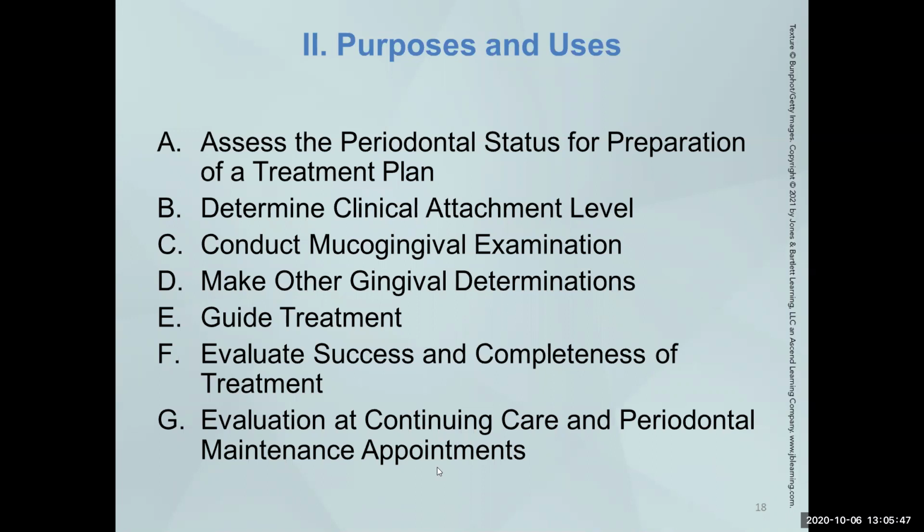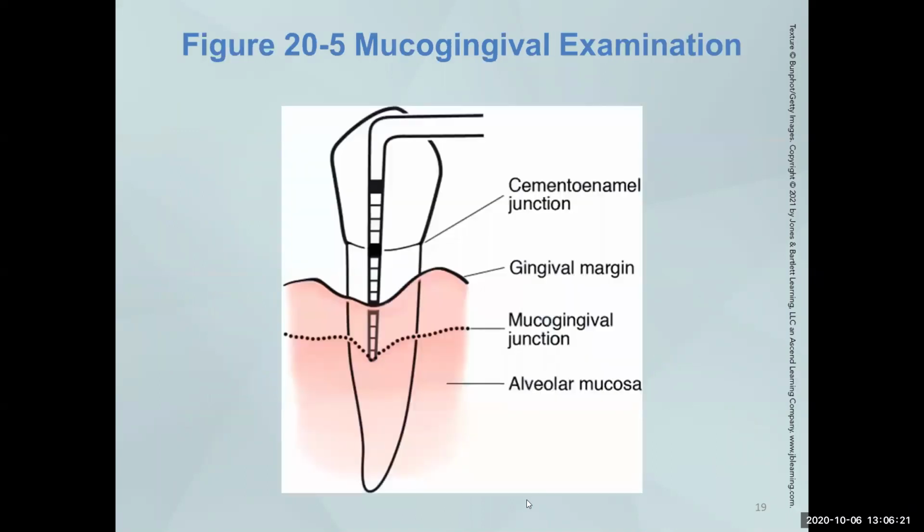Are there mucogingival defects? Is there overgrowth? That type of stuff. All of this is going to guide the treatment that you're recommending for your patient. It will also help you evaluate the success and completeness of your treatment. You're done. You've done everything you can. Did it work? Did it not work? Is it just one or two areas that aren't resolving, and why? So this will also help you evaluate continuing care as well as their periodontal maintenance appointments.